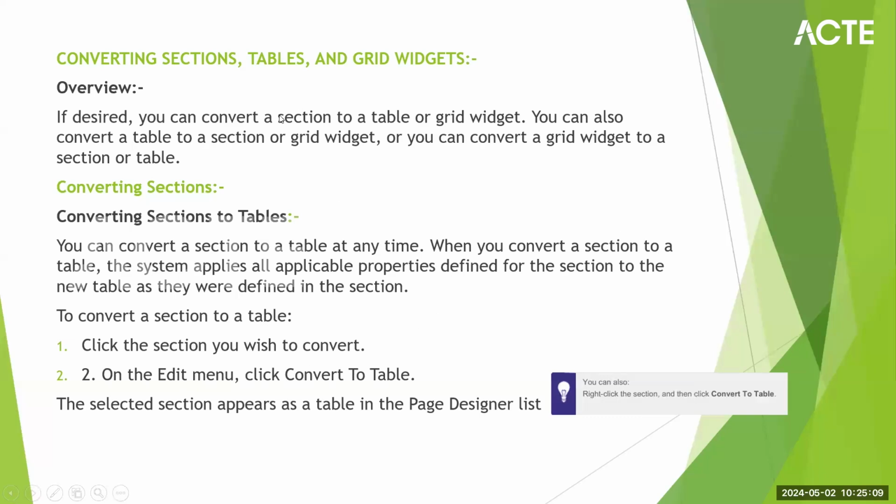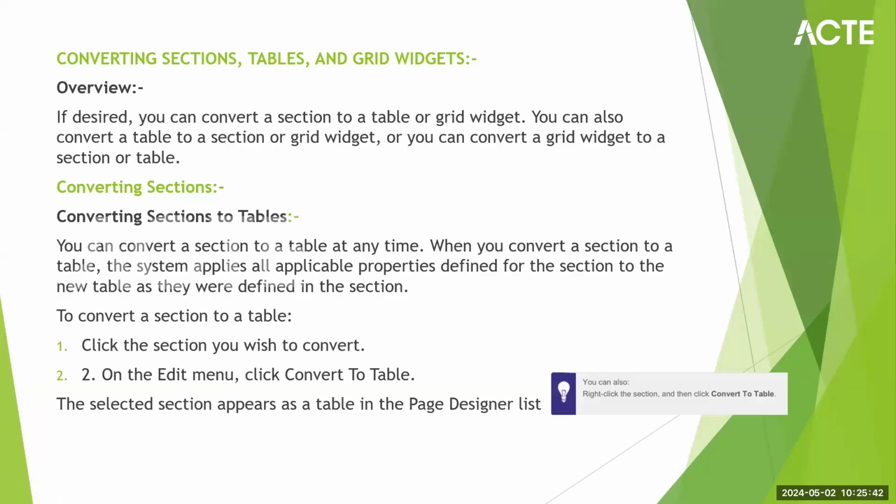Now you want them in a tabular format rather than deleting and creating a table again, which would be time-consuming. So you can directly convert the section to a table format. By clicking on the section header, you can click convert to table. Then the whole set of fields will be aligned and converted to the table format.